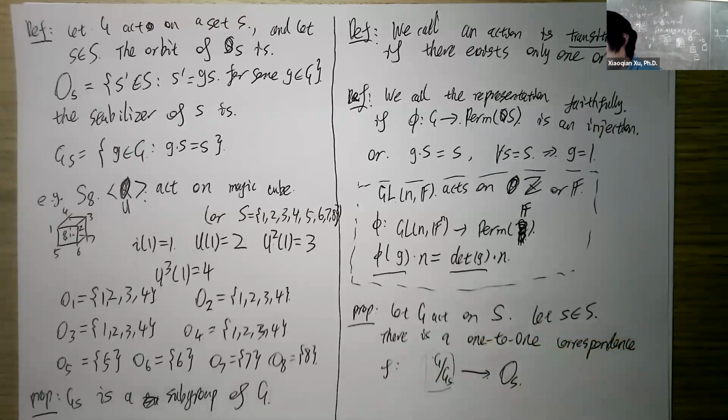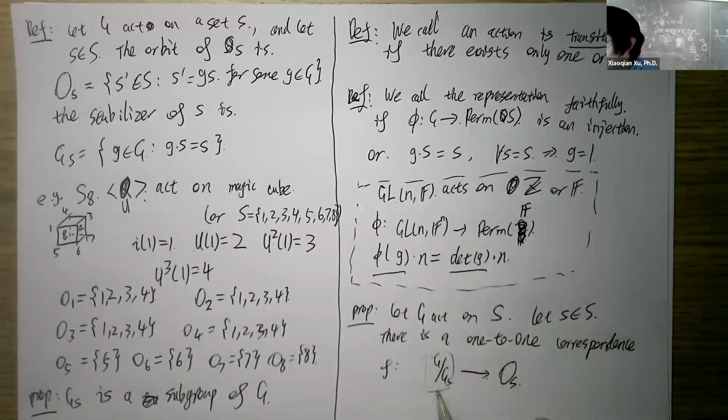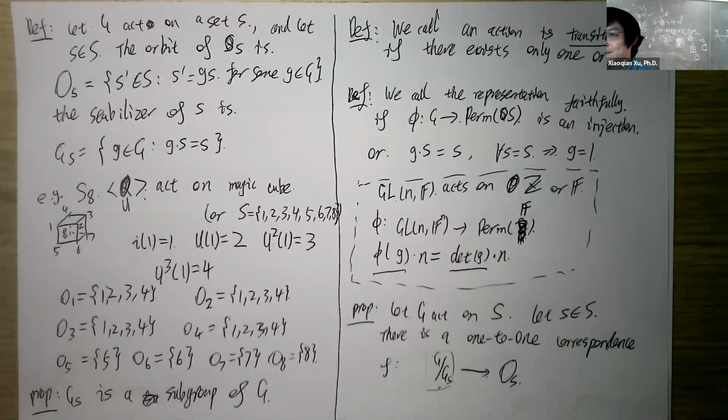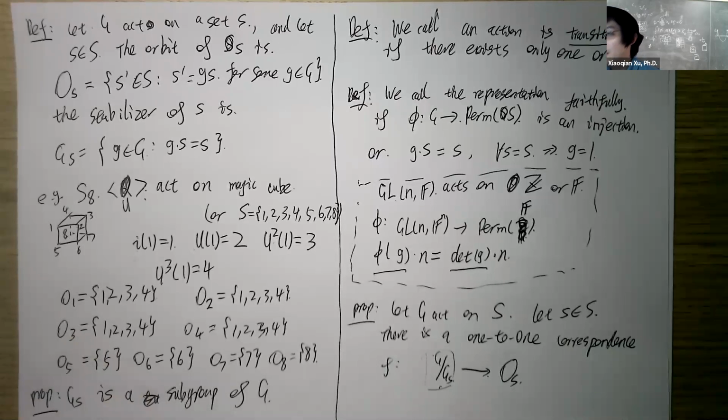This is just a set of cosets. So from the set of cosets of G_s to the orbit of s, and this is a bijection.